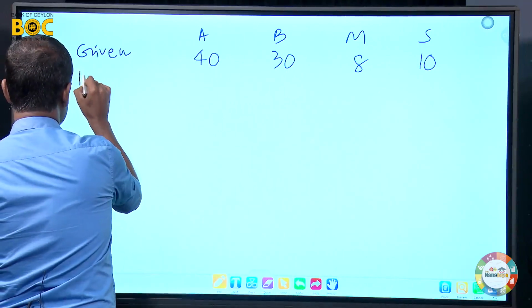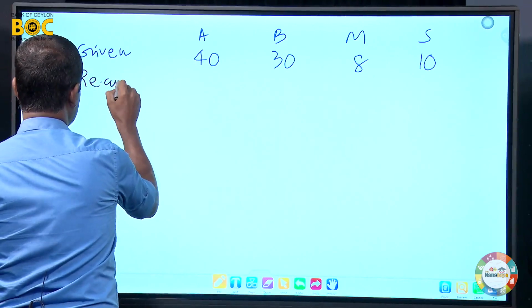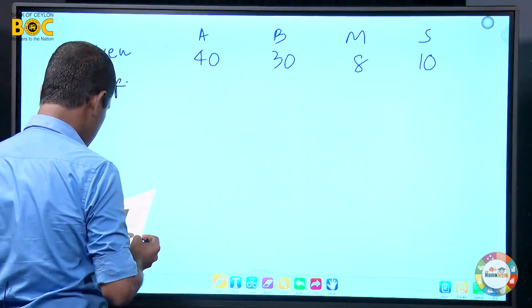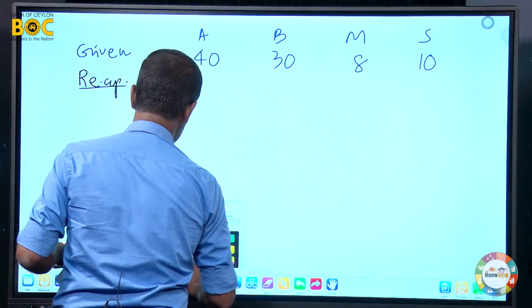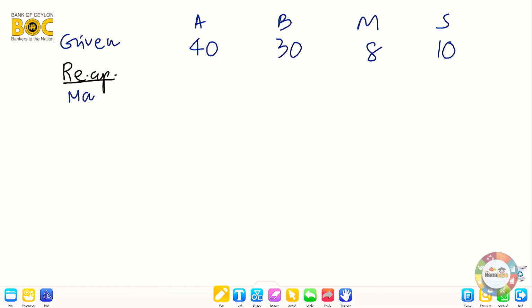The reapportionment. The maintenance department has 8,000 rupees of cost. We have to take it out and allocate it among the two production centers. How to reapportion?